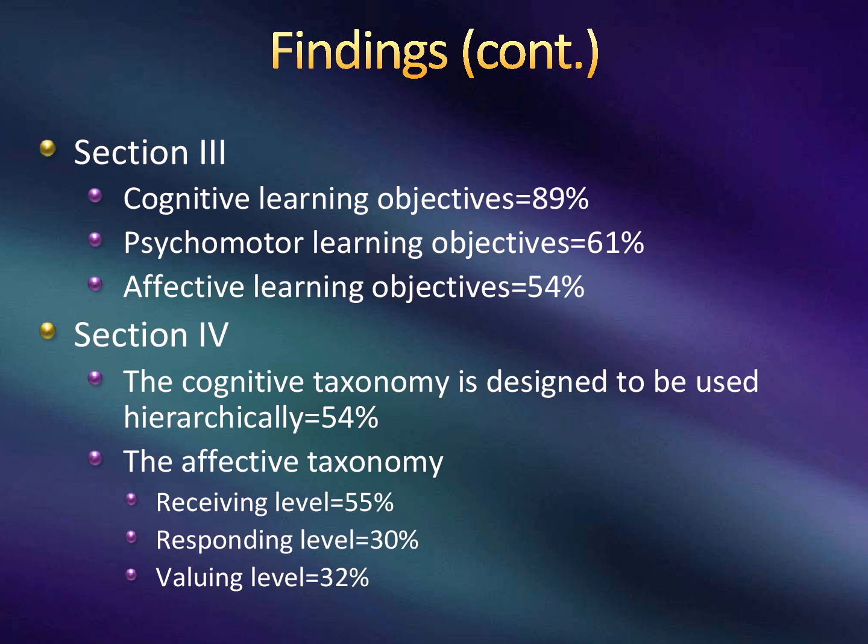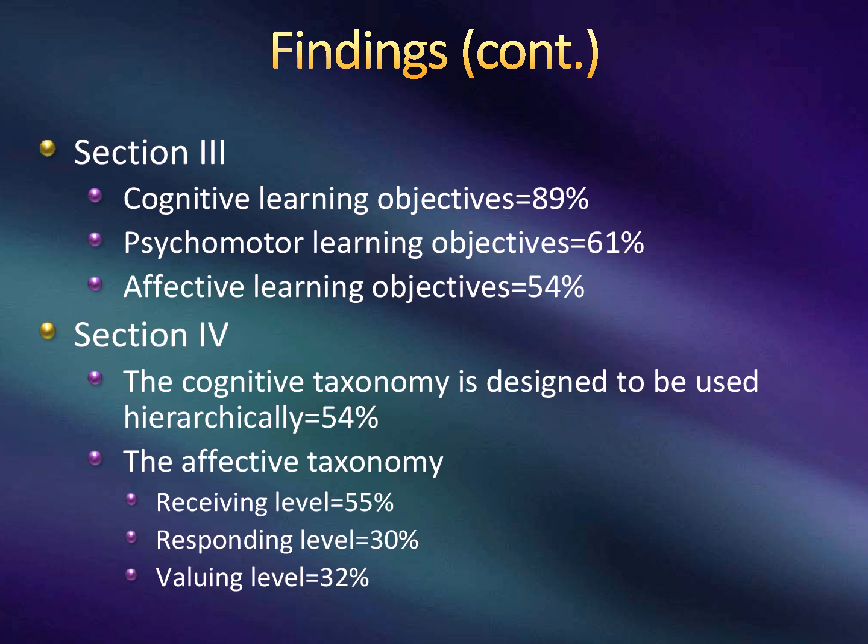Now, respondents who identified that they always and frequently use objectives at the receiving, responding, and valuing levels of the hierarchy were cross-tabulated against the respondents who identified that they always or frequently include hierarchical caring affective learning objectives in curricular design.